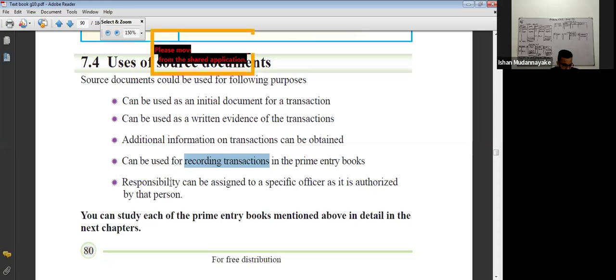Next, responsibility can be assigned to a specific officer as it is authorized by that person. For each source document, there is a responsible person.